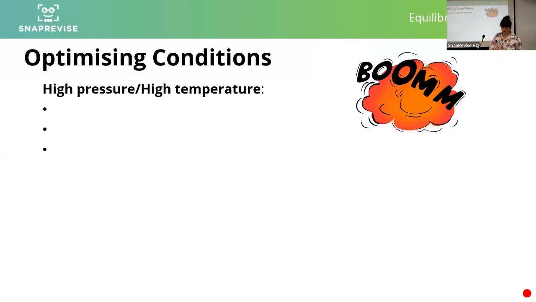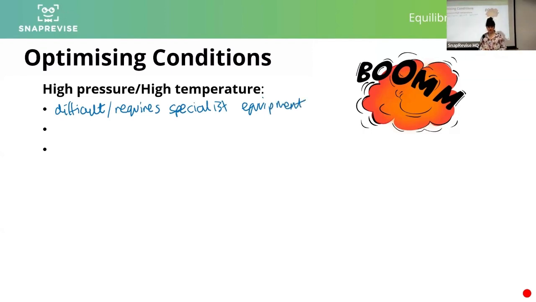Well, high pressure and high temperatures are not always useful because they are difficult to maintain, and therefore also require specialist equipment. High pressure gases require specialist equipment, so are not suitable for every industry, for every company.